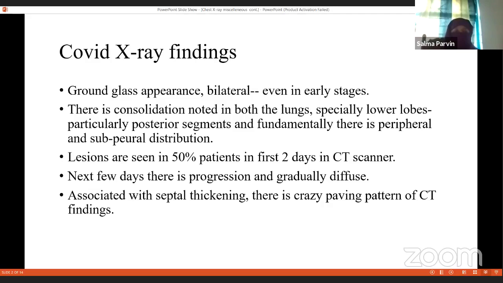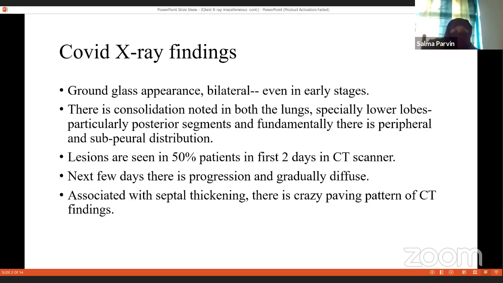The lesions are seen in 50% of patients in the first 2 days on CT scan and later on X-ray basically. And lower lobe predilection is an important part also. In the next few days it progresses and gradually becomes diffuse.